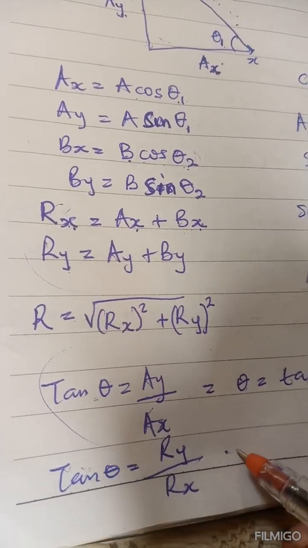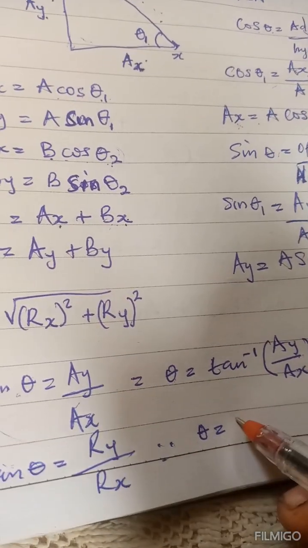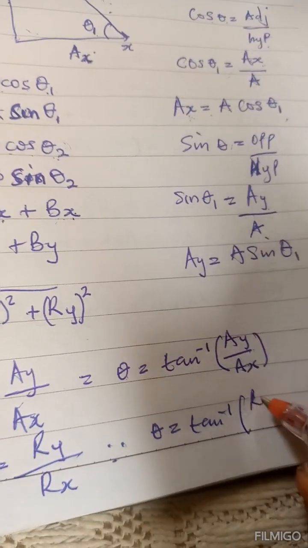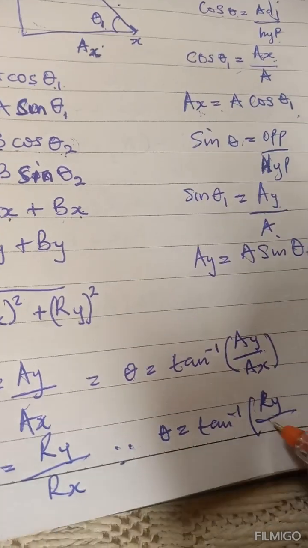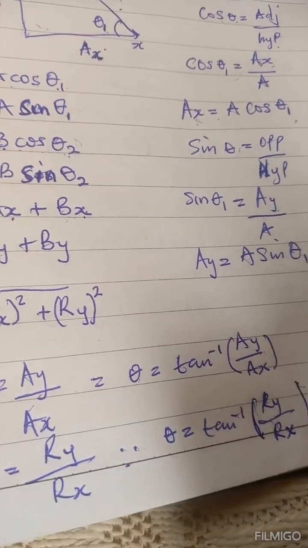Therefore, my theta will be tan inverse of Ry, my resultant vector in the y component, over Rx, my resultant vector in the x component.